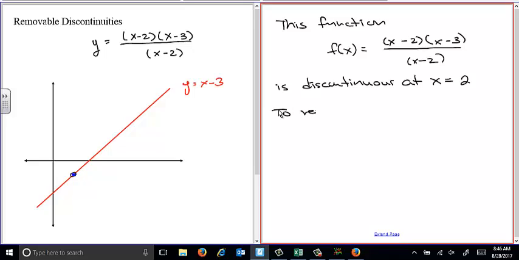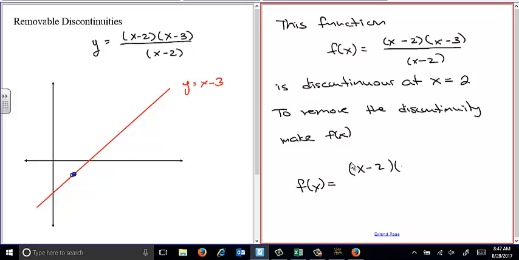To remove the discontinuity, what we're going to do is make f of x this. So f of x equals x minus 2 times x minus 3 divided by x minus 2 for the domain from negative infinity to 2.